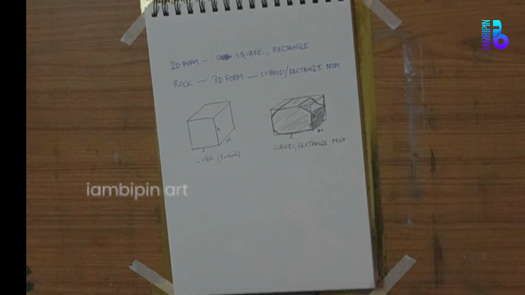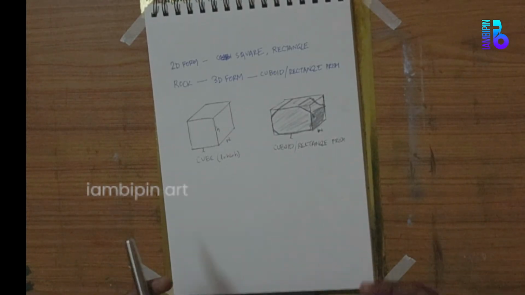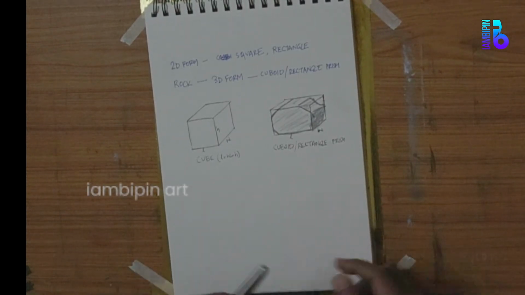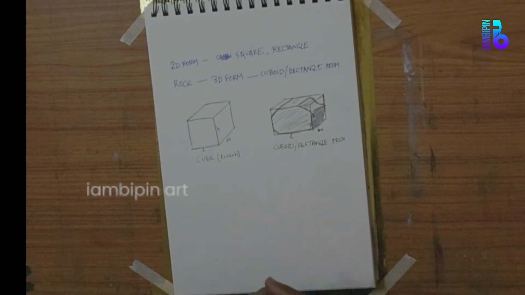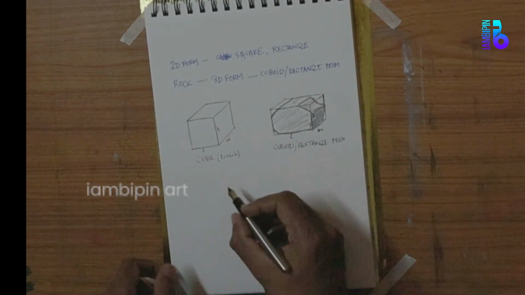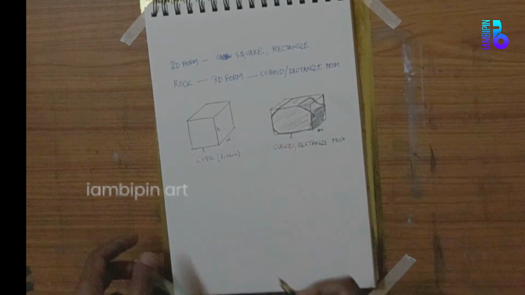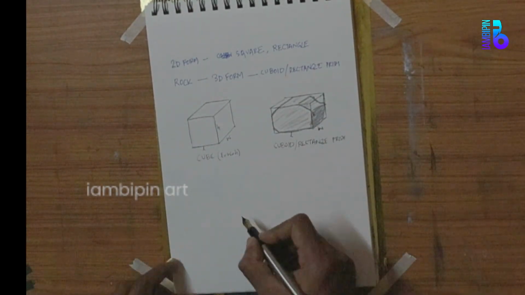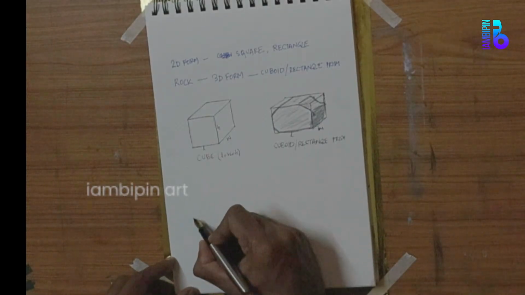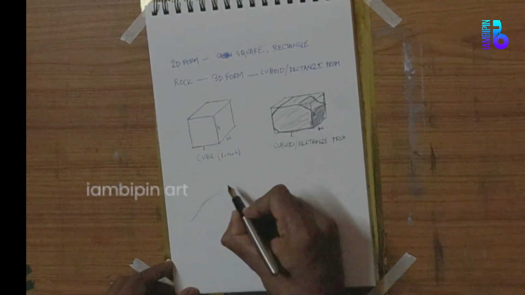If you keep playing with the sizes, you will understand it better. So this is the basic thing. If you want to create a rock, in real life a rock will look like this.